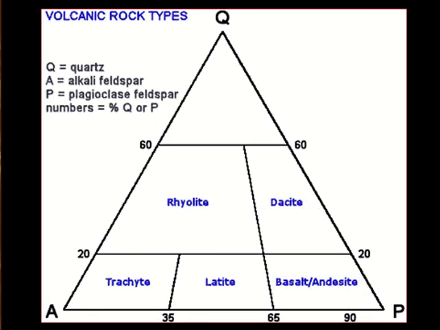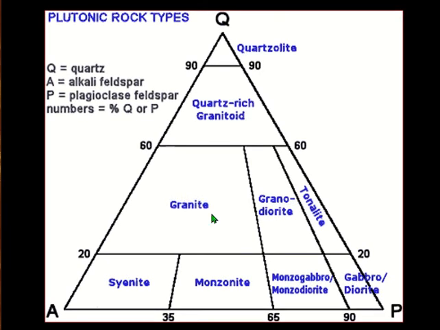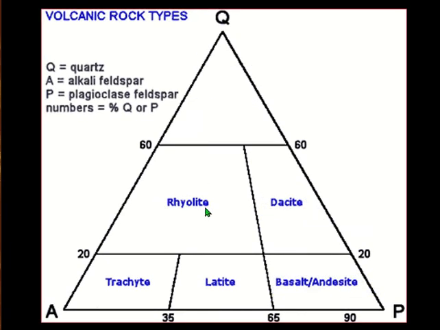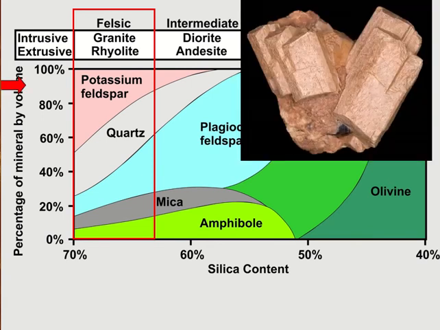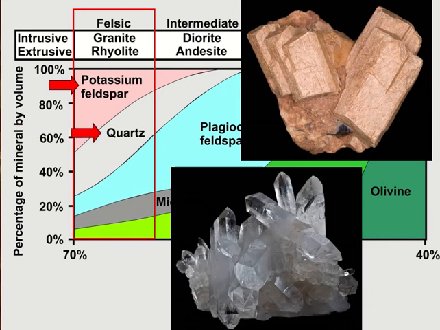This is the same diagram with the volcanic rocks, and so you can see granite is rhyolite. And these are some of the other rock types that you really don't need to worry about too much at the moment. So granitic rocks, or felsic rocks, or rhyolitic rocks, will have a lot of potassium feldspar in, and a lot of quartz.